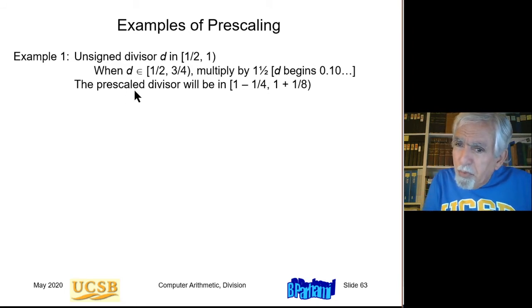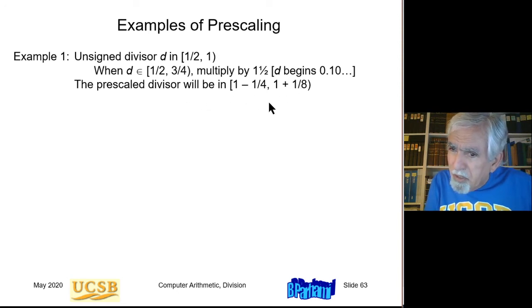Okay, so the pre-scaled divisor will be in this range. If the divisor is 1/2, when I multiply by 1.5, it will become 3/4. So that's the lowest possible value.